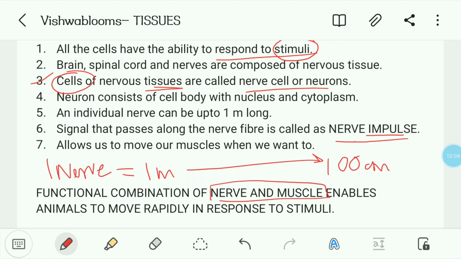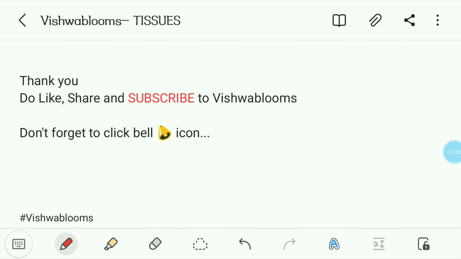So that is the response to stimuli. So if you have to move rapidly, then there should be a functional combination of nerve and muscle. Then only it is going to happen. So with this, we have successfully completed our tissues chapter.